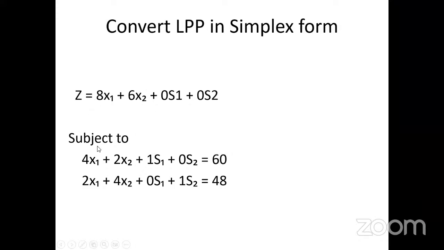Cj is the name given to the objective function coefficients. In the simplex table, for all these questions, Cj stands for coefficient of objective function. Cb stands for coefficient of basic variable, Bv, basic variables, Sv, solution variables.